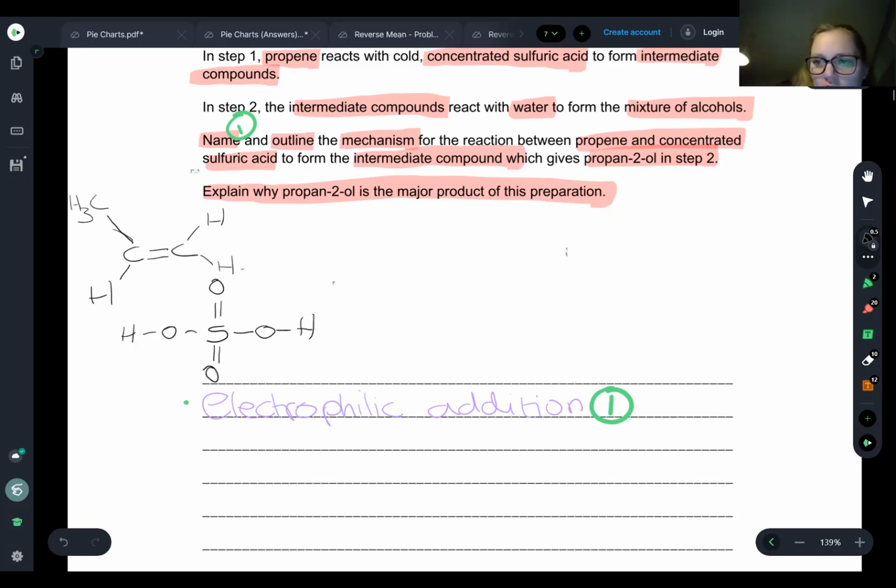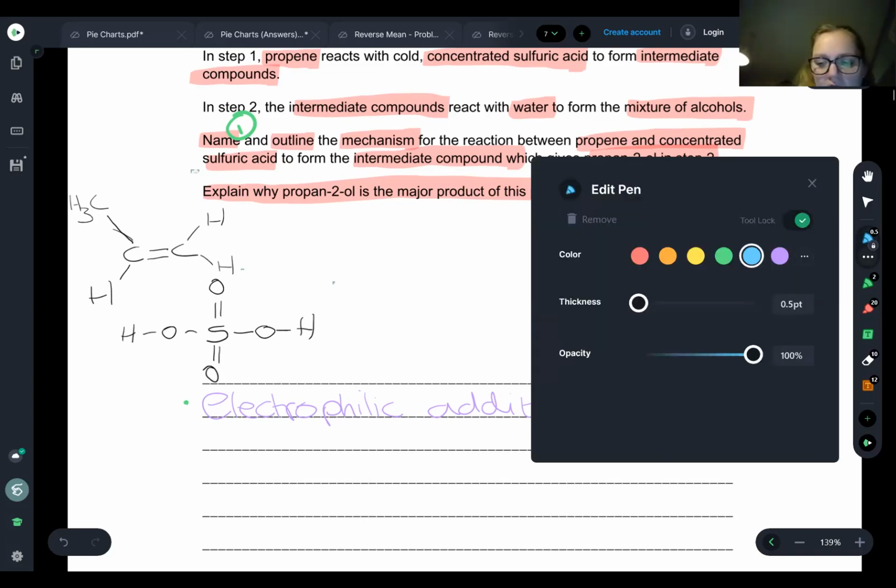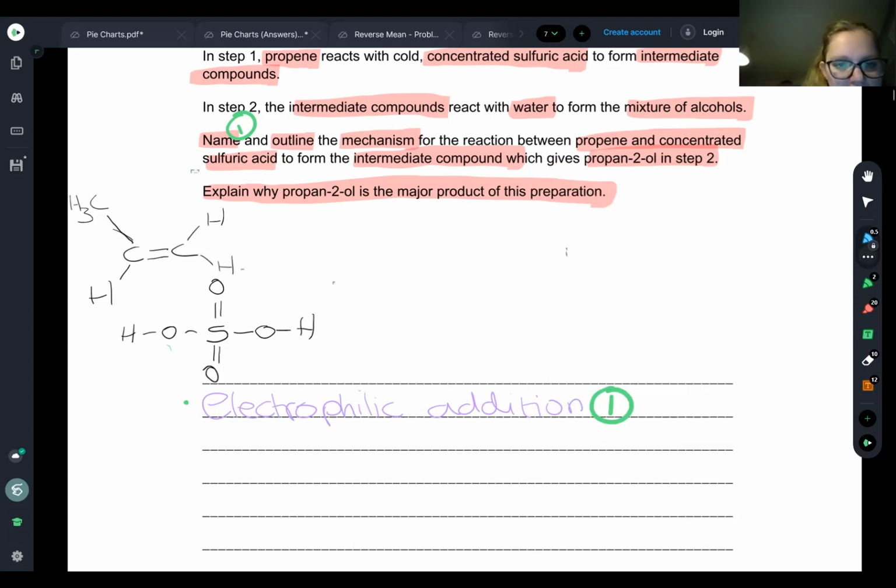Now I'm going to draw on the positive and negative charges onto our hydrogen and oxygen. Here, our oxygen is going to have that slight negative charge, and our hydrogen is going to have that slightly positive charge.